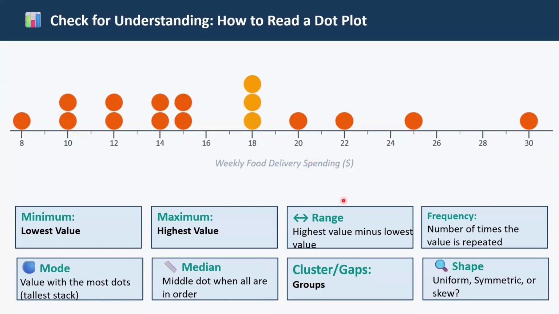Now let me check if you can read the dot plot or not. What is the minimum value? If you know the answer, write in the comment section. What is the maximum value? What is the range? What is the frequency of 14?